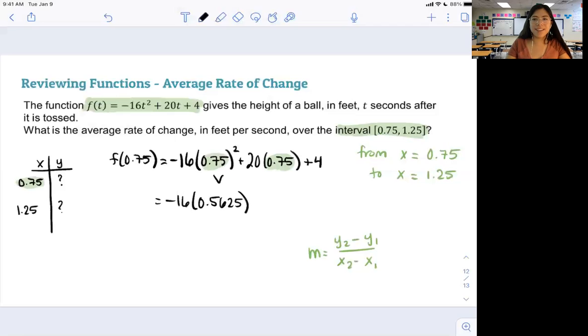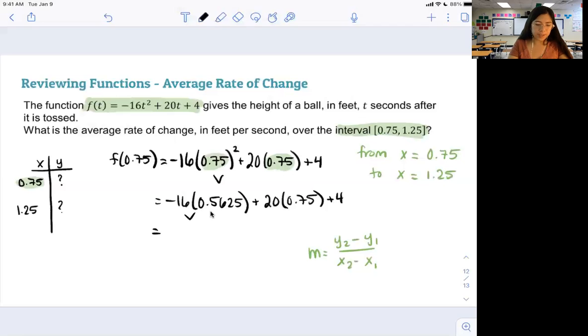Don't just guess. Make sure you actually plug it in. 0.75 times itself. Then I'm just bringing everything else down. Oh, I see. You skipped. Okay. Then we multiply.